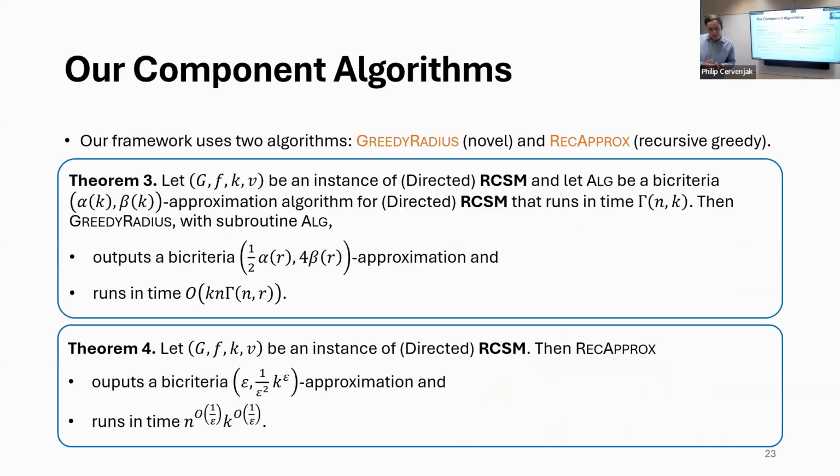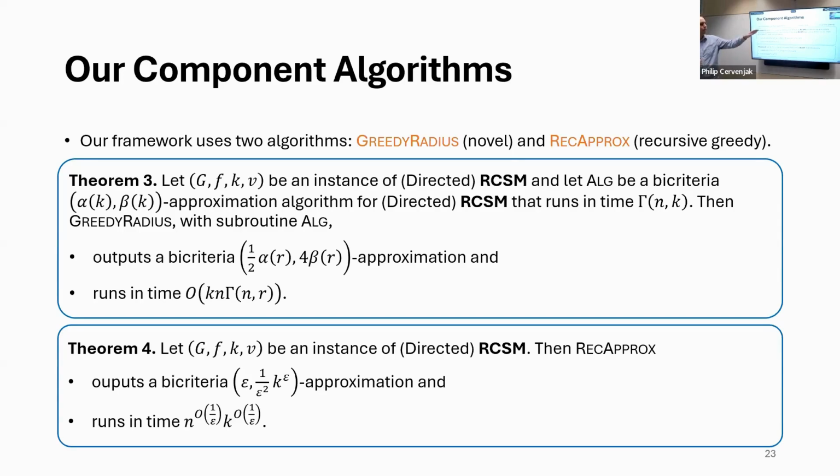Okay, so now let's actually move on to our algorithms. We'll first introduce the two main algorithms that we use and state their guarantees. And then in the next slide, I'll explain how everything fits together. Basically, our framework uses these two algorithms, first being greedy radius, which is the one that we actually introduce, the novel algorithm.